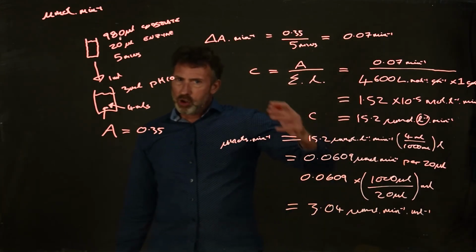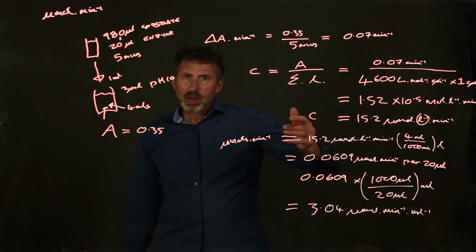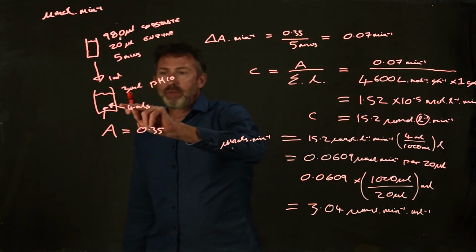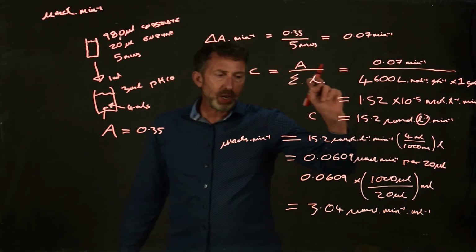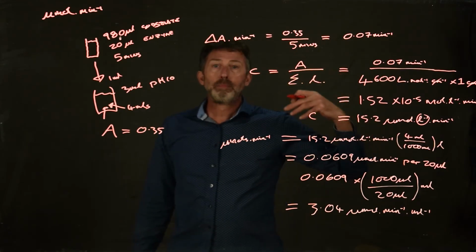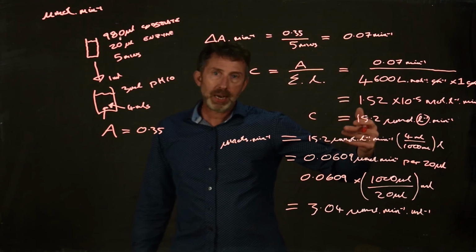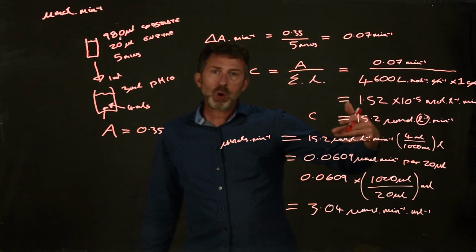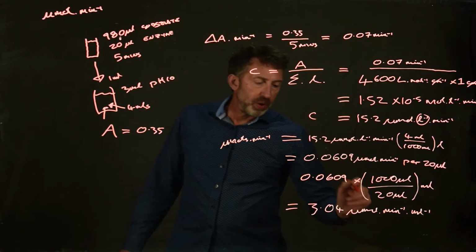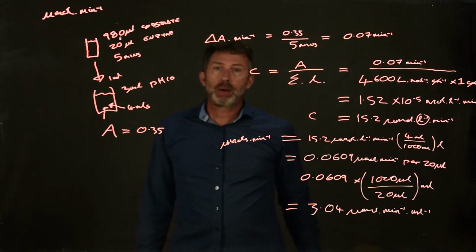So it's kind of like a 3-step calculation is what we're doing here. We're figuring out what the absorbance is. We're converting that absorbance into a concentration. We're then converting that concentration into an absolute number of moles of product formed per minute. And we're then saying, well, that was for 20 microliters of enzyme. If we'd used 1 mil of enzyme, we would have got that number of enzyme units.